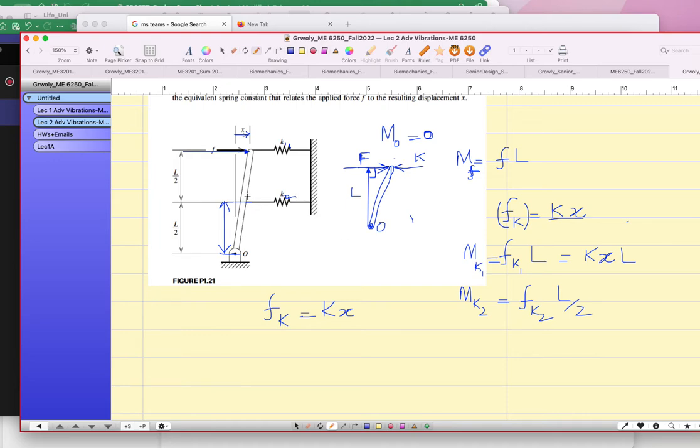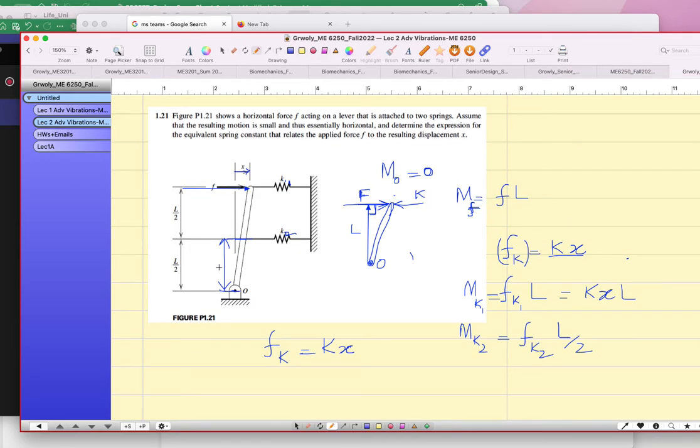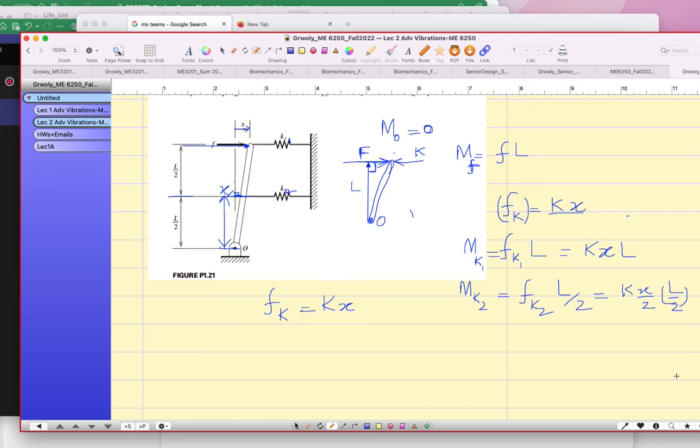Since it is linearly applied, as the length increases, the deflection at this point will be X by 2, because this is half of the length. So I can write here K times X by 2 times L by 2, where this L by 2 is due to the moment taken about point O.